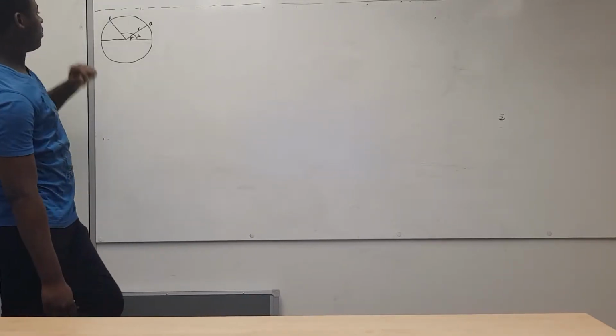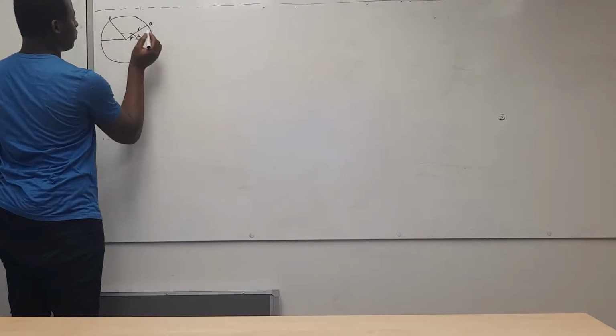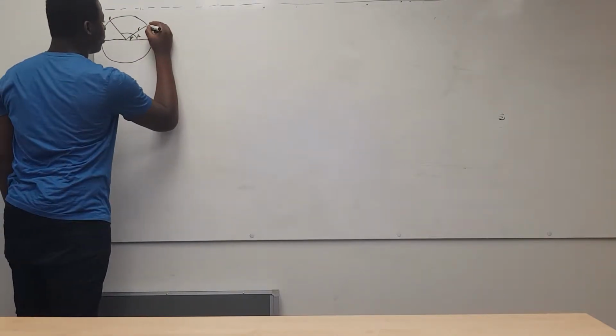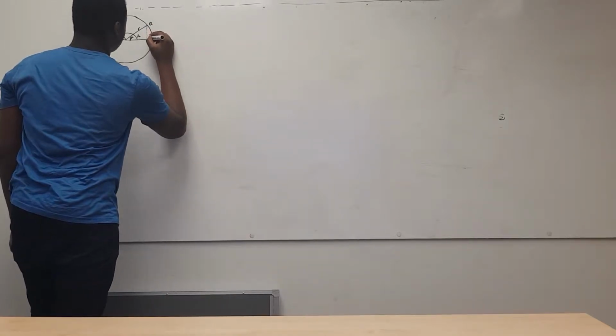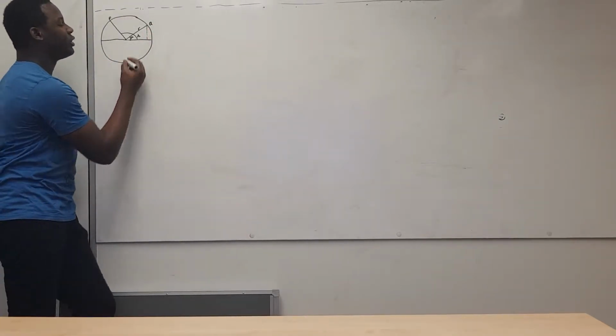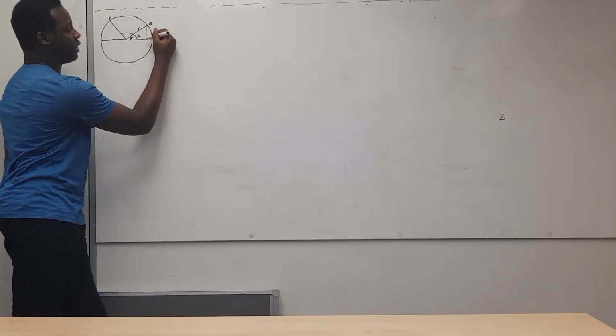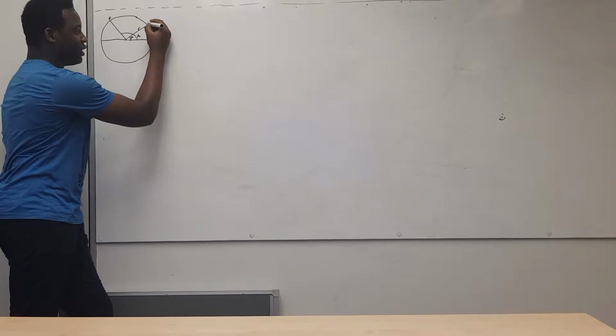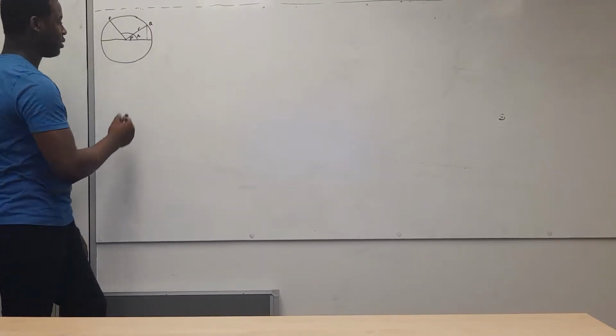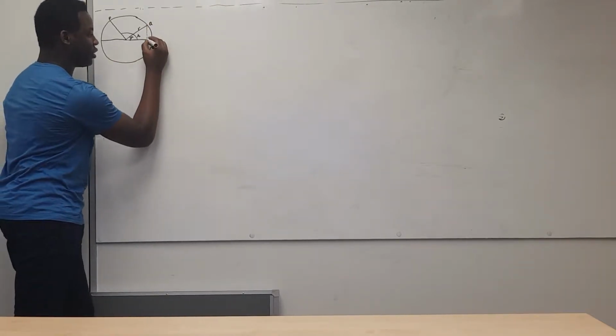Now, if we draw this line, that's the adjacent, because if you ignore this line, this is almost forming a right angle triangle. So what we can do is project this point onto this line. So it's going to be somewhere here.